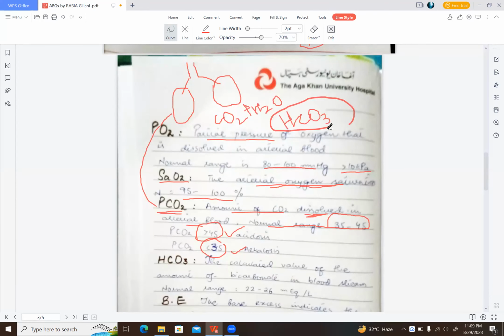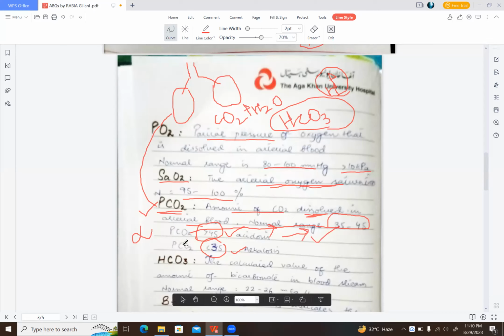This carbonic acid is releasing hydrogen ion. So whenever there is more hydrogen ion, the pH becomes acidic. So the amount of carbon dioxide is directly proportional to acidity. Whenever it rises, the pH of the blood becomes more and more acidic. Whenever it falls, the pH of the blood becomes alkalotic.